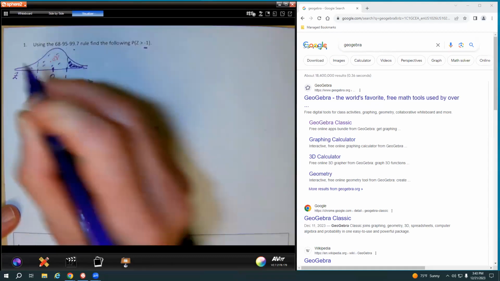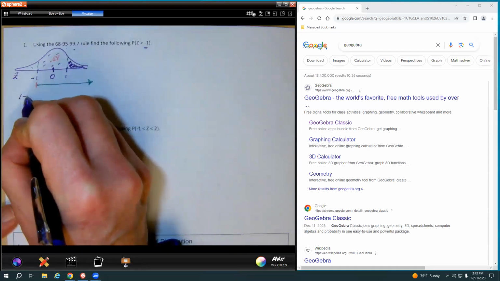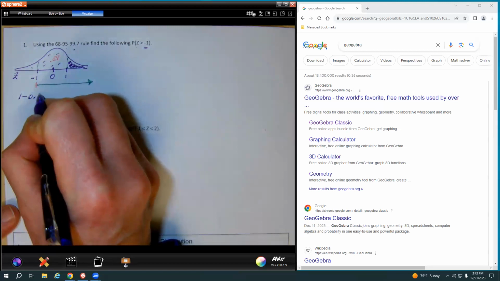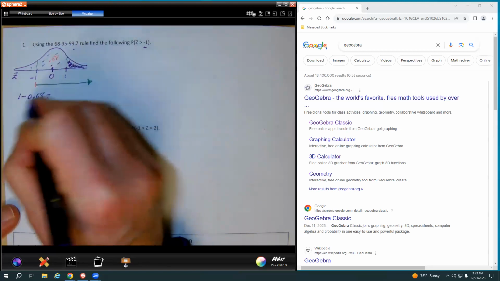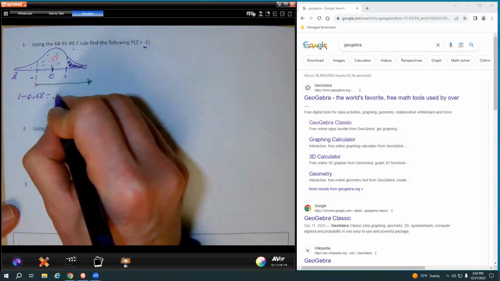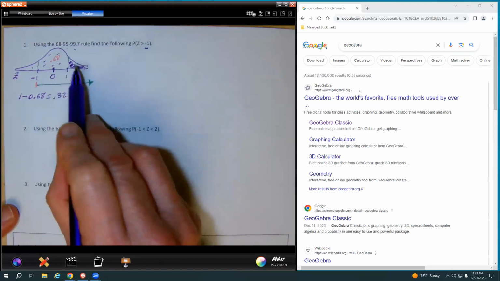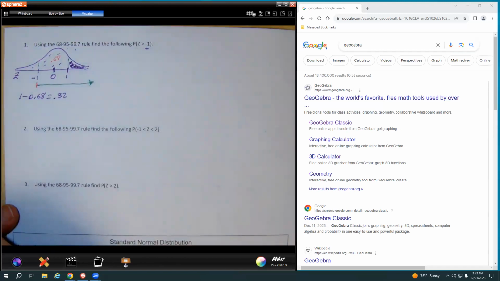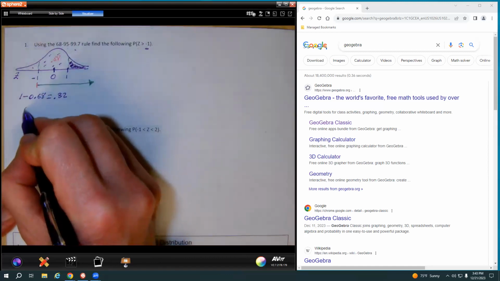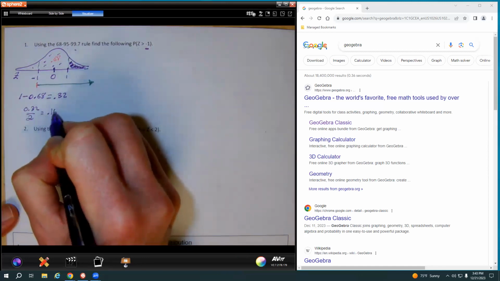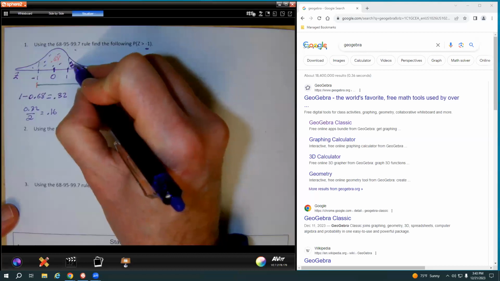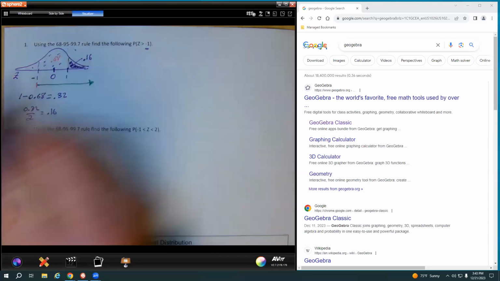This tail and this tail together, how much is that? The entire area is 1, or 100%. So if I subtract 1 minus 0.68, it gives me what is left over, which is 0.32. So the sum of this area plus this area is 32%, but I only want half. So I'll cut this in half, which gives me 0.16. It turns out that this area here is 0.16.